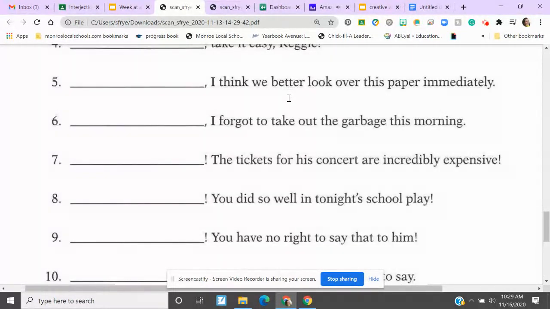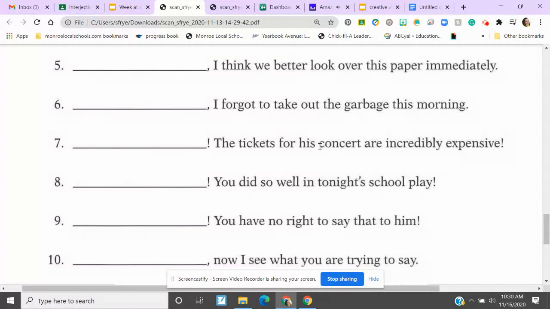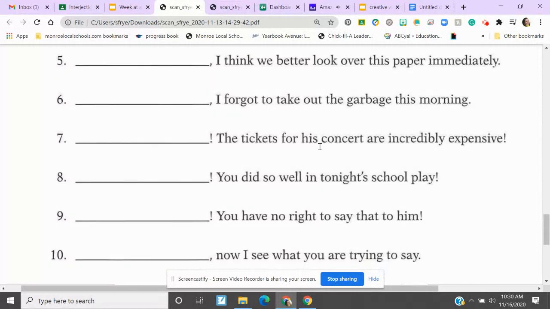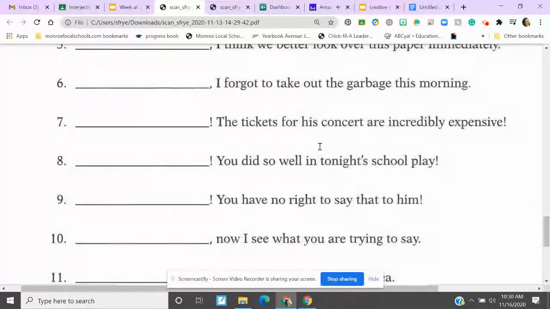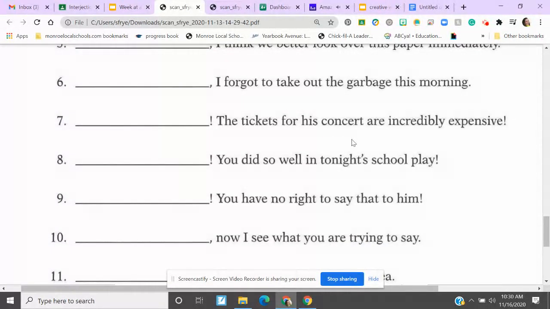Number 5. I think we better look over the paper immediately. Horrors. You must have done terrible. All right, read the whole sentence, Emily, using your own interjection. Good job. Emily did not say a bad word if you're listening.